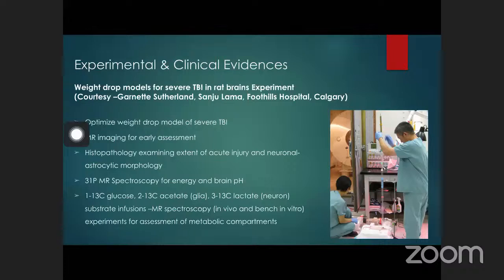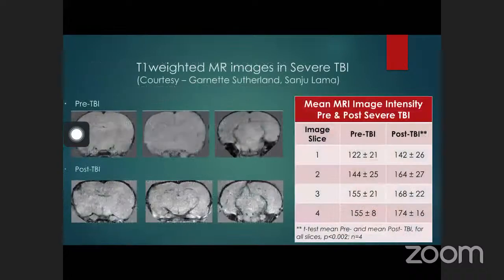Now, these are our experiments. We had a weight drop model. If our assumptions were correct, we would have seen blood in the cisterns and CSF in the brain. And we saw the restituted hyperintensities 15 minutes after the trauma.